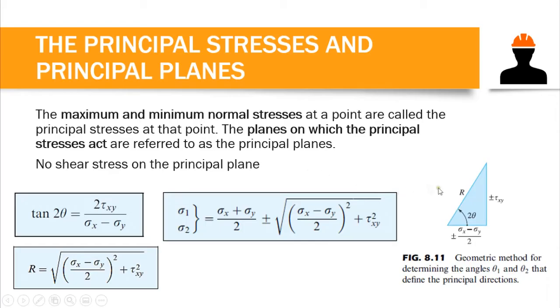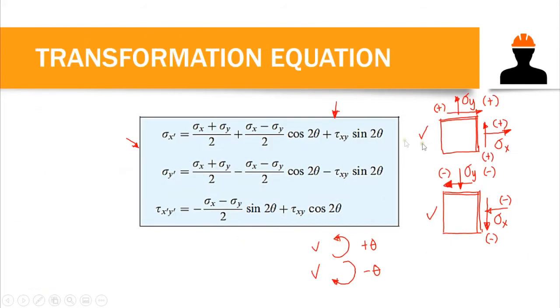Okay? Now, our principal plane happens at this angle here. So this is the computation of our angle theta when we have our shear and normal stress. This equation here would be very useful, especially when you use Mohr's circle instead of this formula. Okay, so later I'll teach you to solve transformed stresses using Mohr's circle.